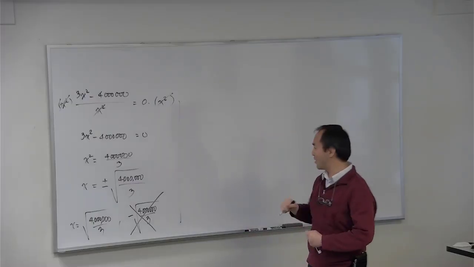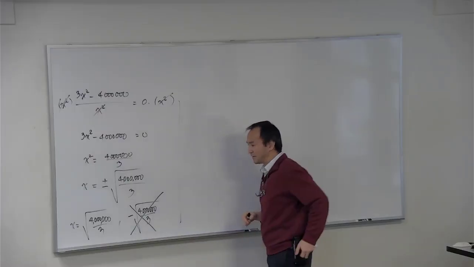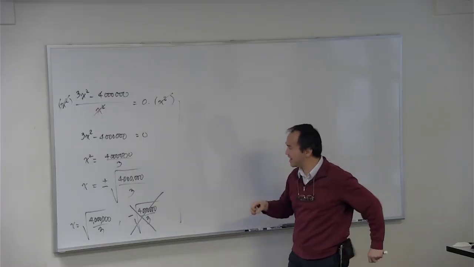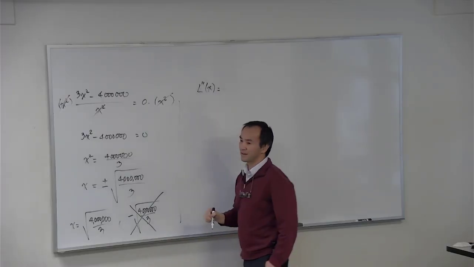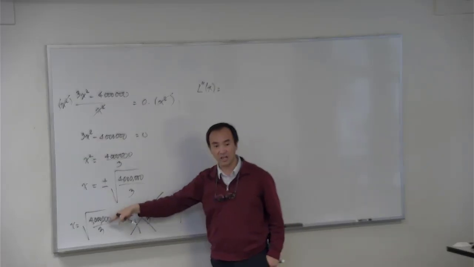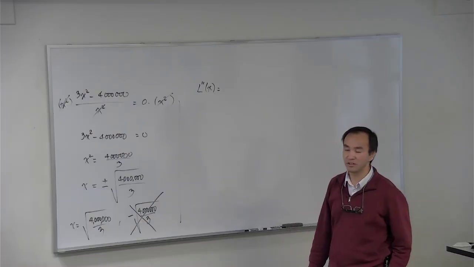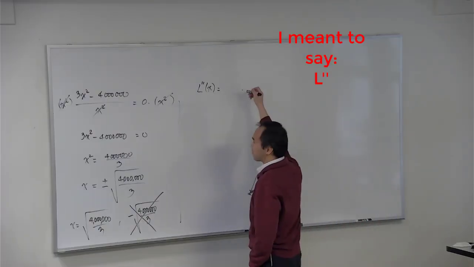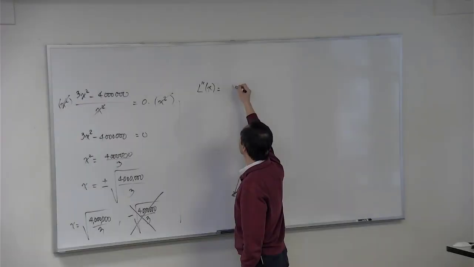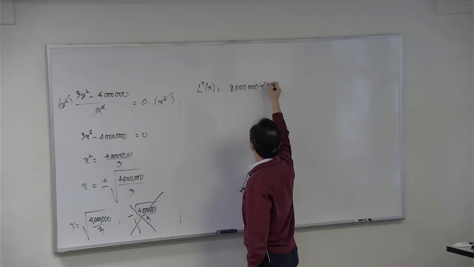Okay? So in that way, this is what I'm doing next. Well, I'm not saying that the second derivative test is always faster, but in this case, it's probably going to be faster. I'm going to take the second derivative. It's all about now we're going to decide whether this is going to give us a local maximum or local minimum. So here I'm looking at L double prime of x, positive 8 millions times x to the minus 3 power.